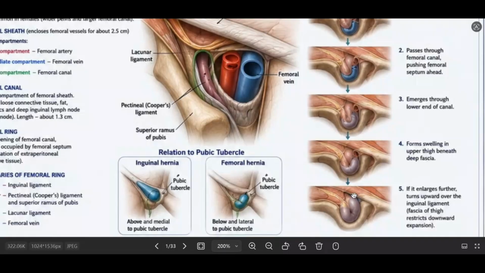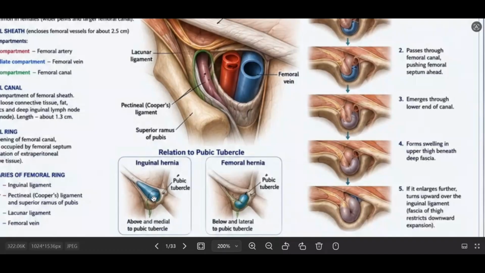Okay, now let's study its relation to the pubic tubercle. That is a very common clinical point here. We have studied the inguinal hernia in the previous lecture. If you haven't taken that lecture, I suggest you take it, because that is very important. The inguinal hernia, as we already studied, lies above and medial to the pubic tubercle.